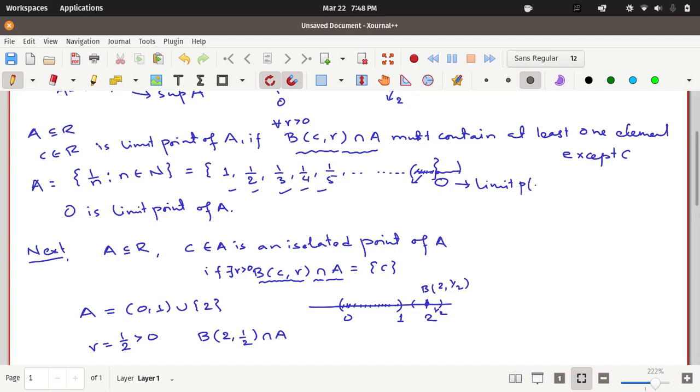In this case, the intersection of this open ball with the whole set A: while this whole set contains the interval 0 to 1, only the point 2 belongs to this ball, and the intersection of these two is clearly nothing but only 2. So it satisfies this condition for an isolated point. So the point 2 is an isolated point of the set A.